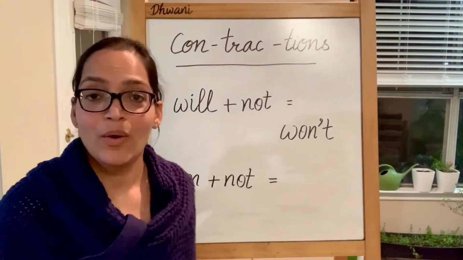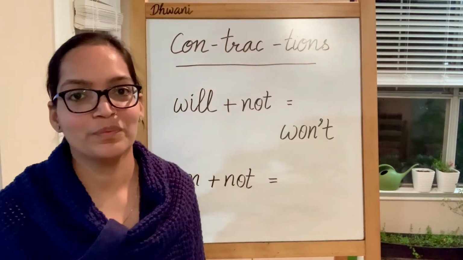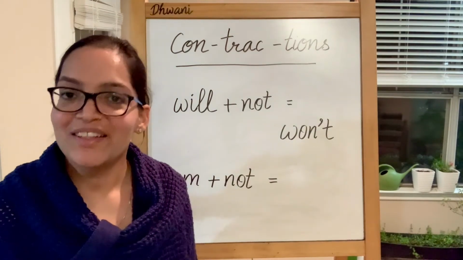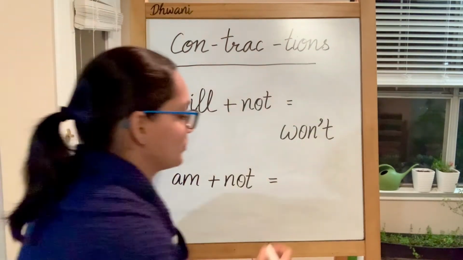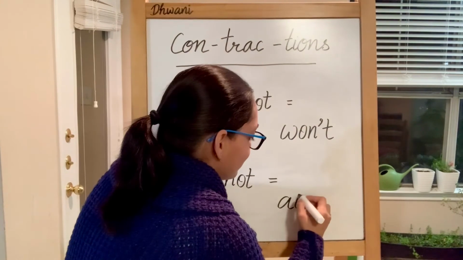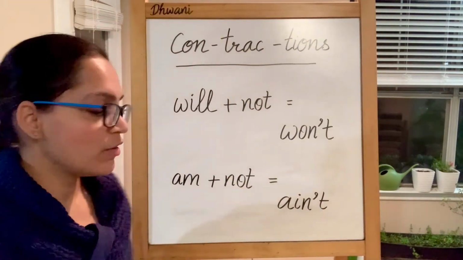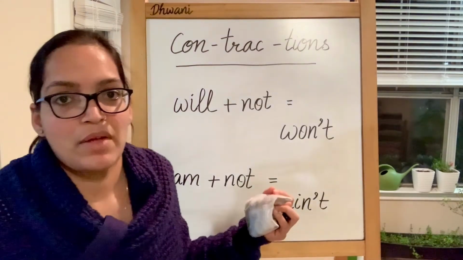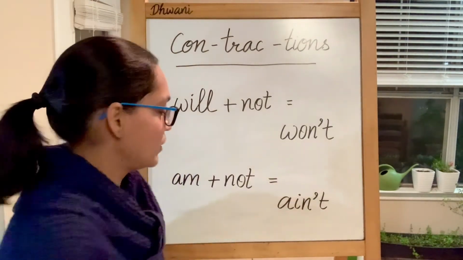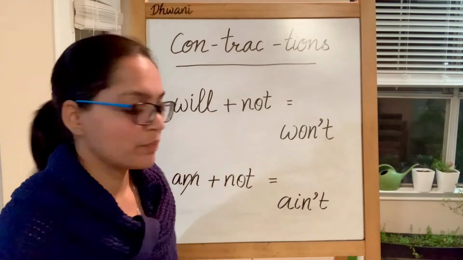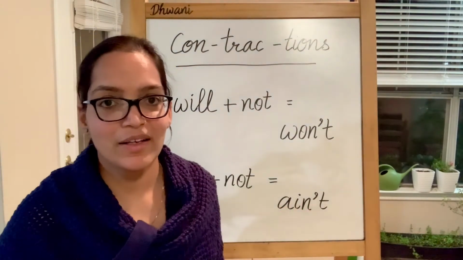Can you guess what am not turns into? It's pretty hard. It turns into ain't. Now you see, from the first word, M just vanished. There is no M. And magically I appears.